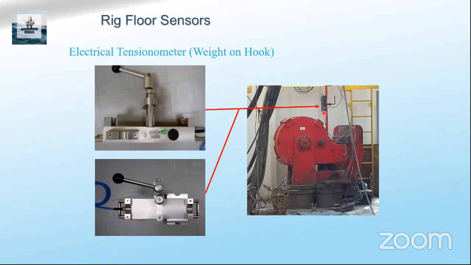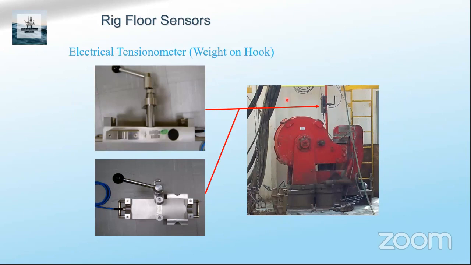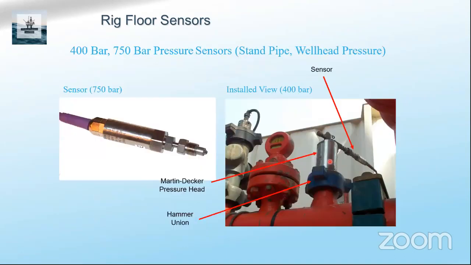The MWD guys also use this kind of thing, and the mudloggers also use this kind of sensor. That one was a hydraulic one as you saw there, and this is the electrical one. It's like a tensometer, which measures the total weight, depending on the tension of the cable.